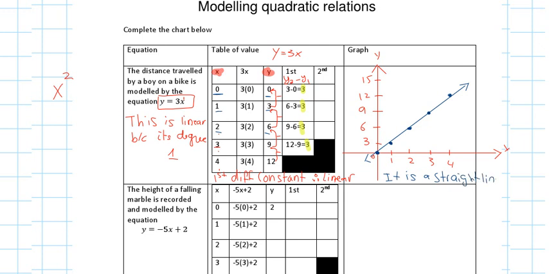So, equation, degree 1. Table of values, first difference, line, the graph is linear. Do we understand that? Okay.